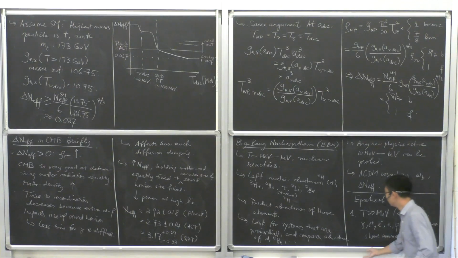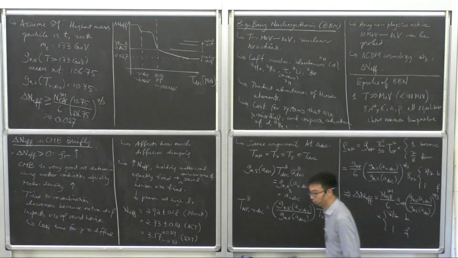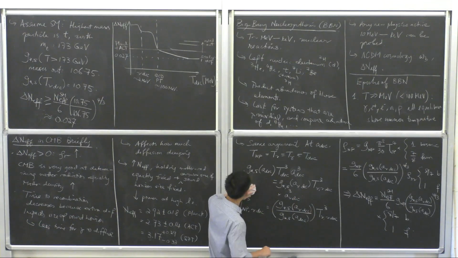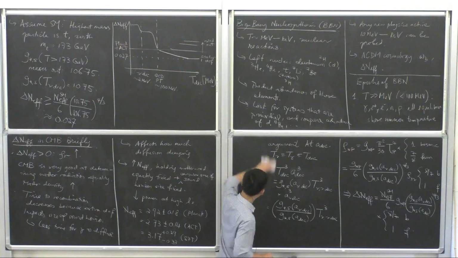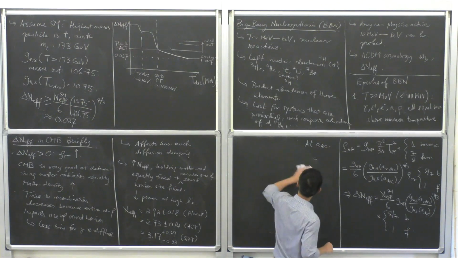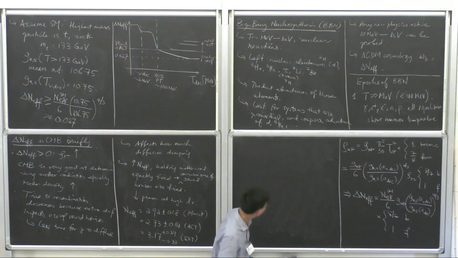Okay, now previously I looked at the electrons, so now let's look at the neutrons and protons. So how do they stay in equilibrium?